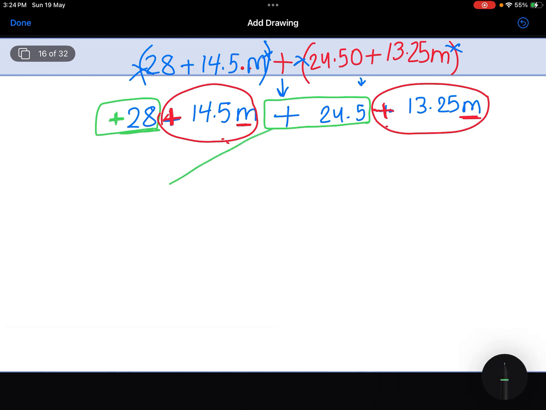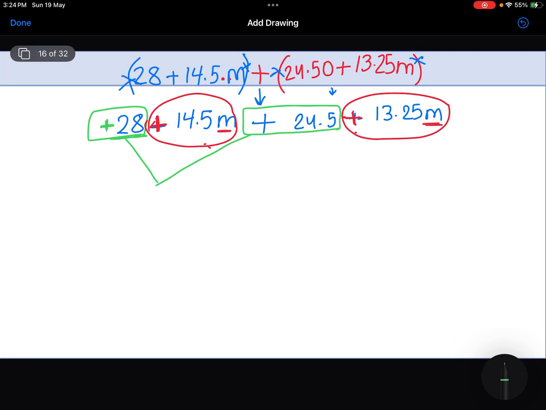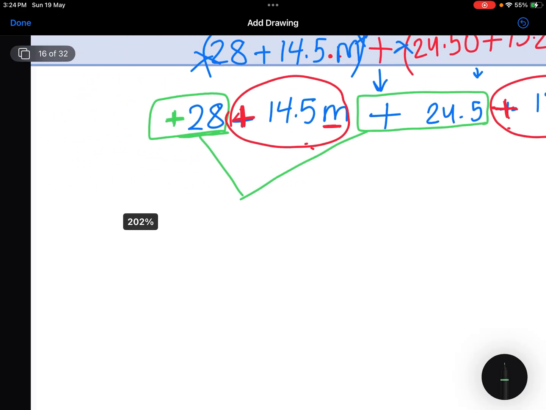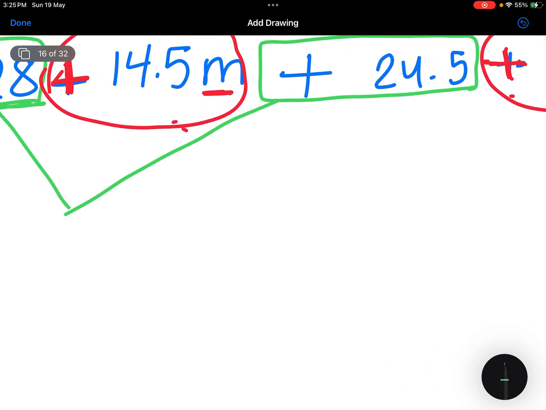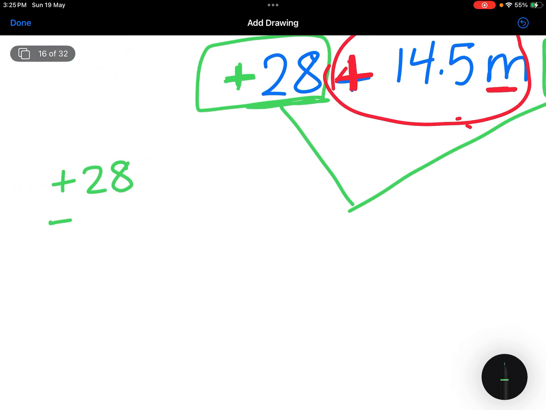Let's start combining the first two terms, 28 and 24.5. Okay, so I'll just take them on the side. Positive 28 and positive 24.5. Make sure you line up the numbers correctly. I lined up the ones with the ones, the tens with the tens, and the decimal.